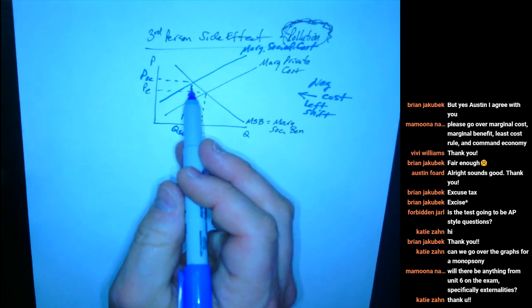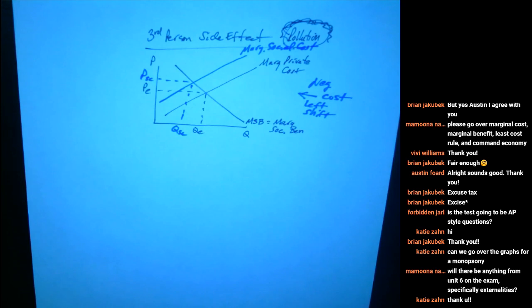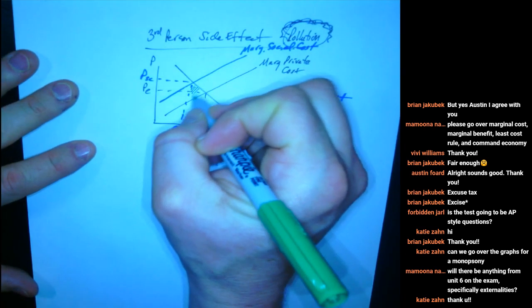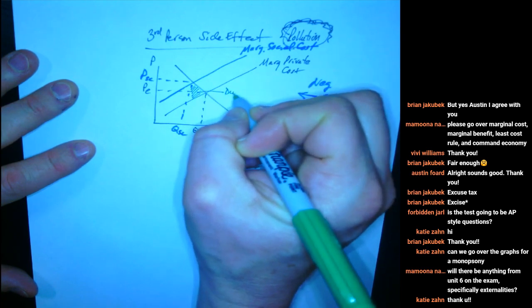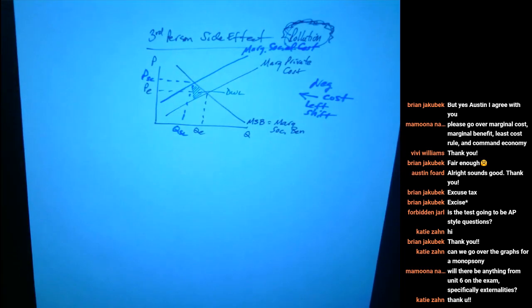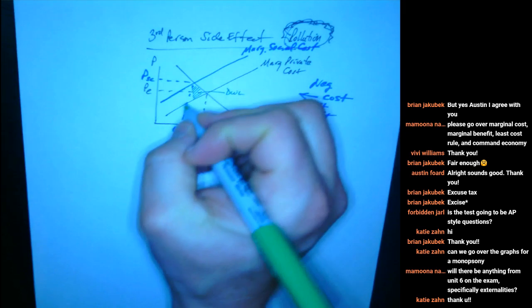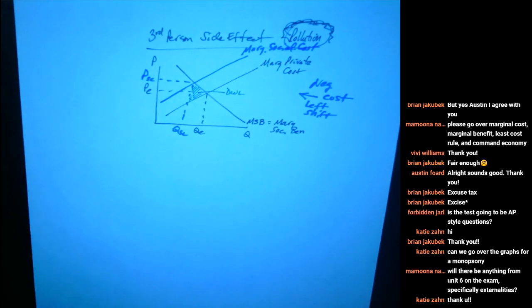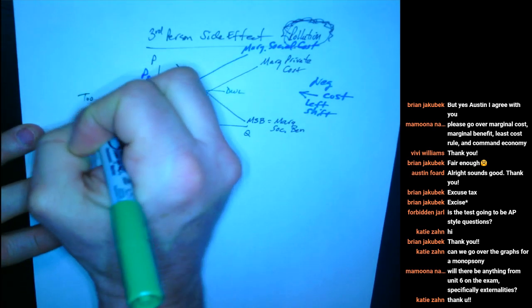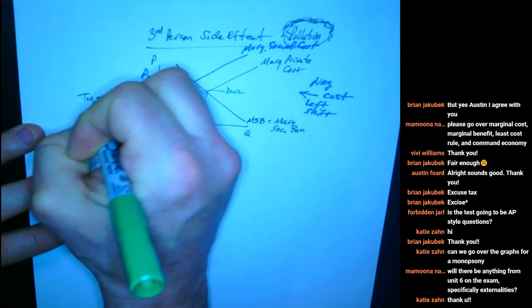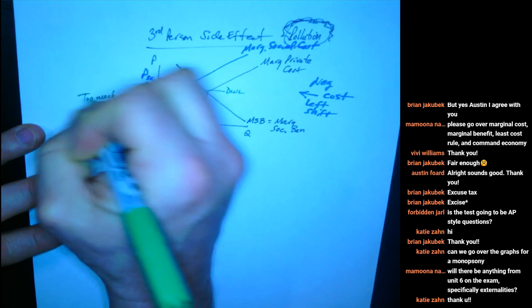So you see what's happening here is, once that happens, yep, you got it, dead weight loss, okay? So it's not good. Obviously, we have an inefficient market. We're producing, think about a couple things. There's too much pollution. Okay?